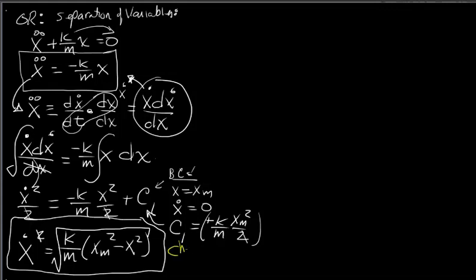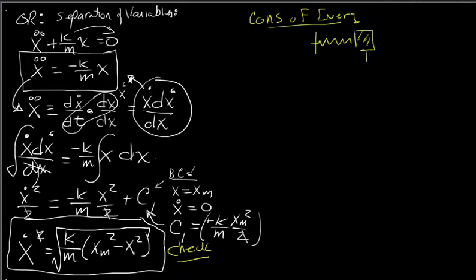Now we can check that, because it's really nothing more than conservation of energy. When we move the mass to x max, the energy in the spring at that point is 1/2 k x max squared, and the kinetic energy here is 0.